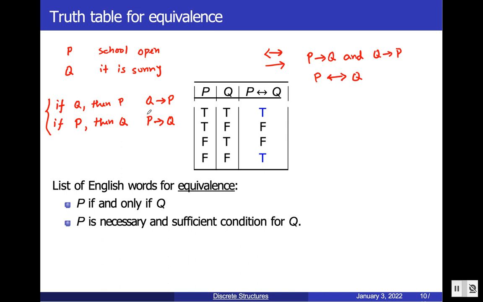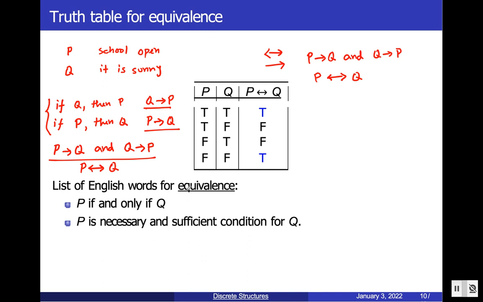So Q implies P and P implies Q. If we find a statement like that, then in short it is known as double implication, P double implication Q, and we can say P if and only if Q, or school will open if and only if it is sunny.